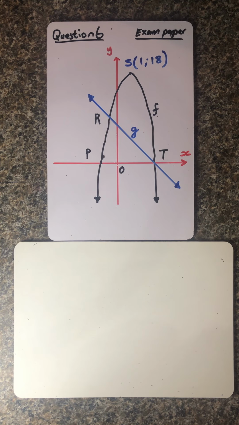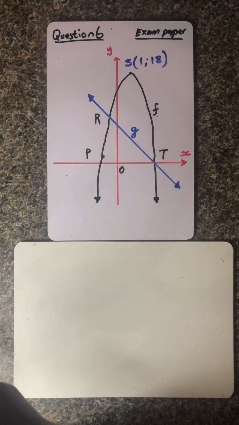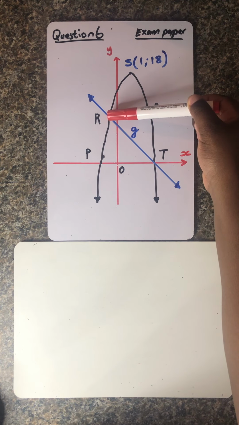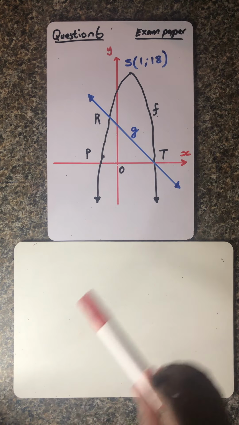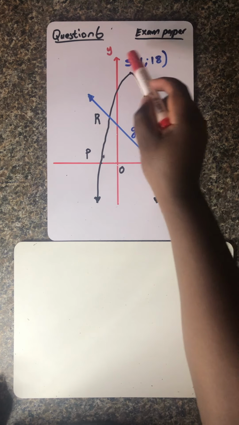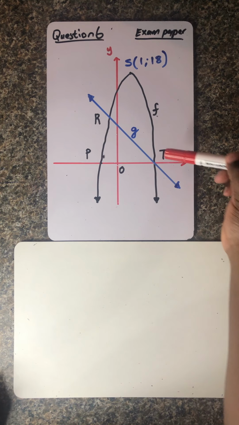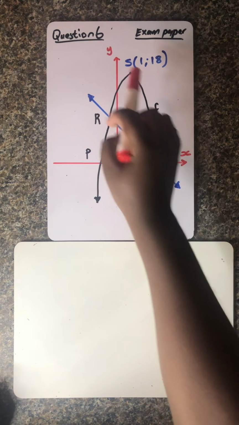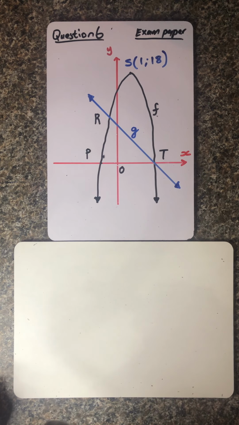I'm not really sure if there's something that I've missed, but quickly, that point R over there obviously is the point of intersection between these two graphs. And again, T is the point of intersection between these two graphs. At point T, that's where both of these graphs intercept with the x-axis.